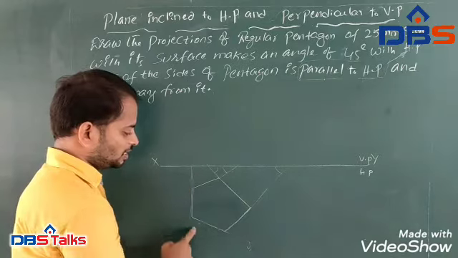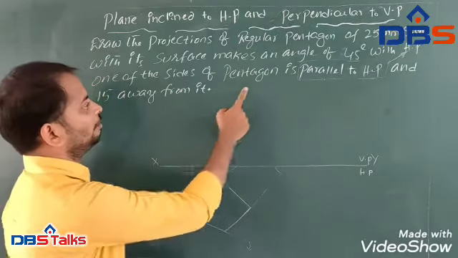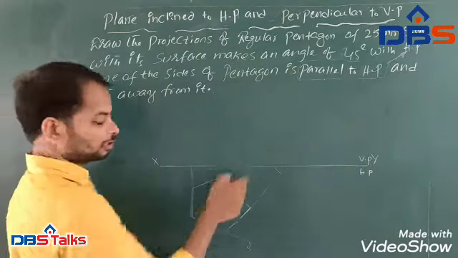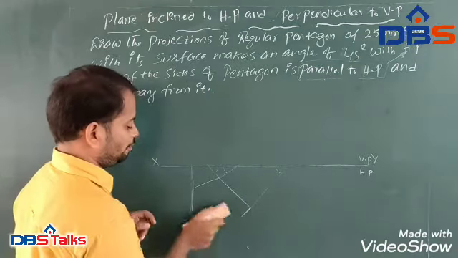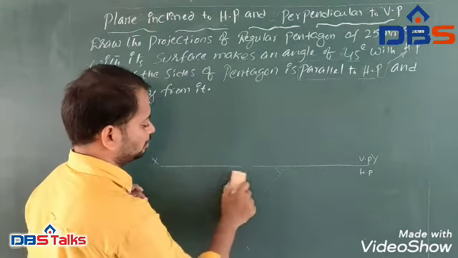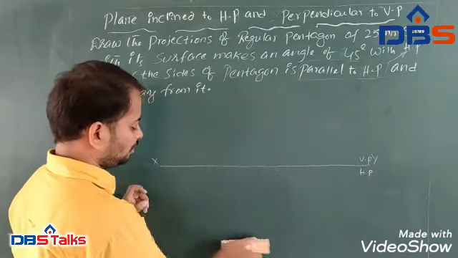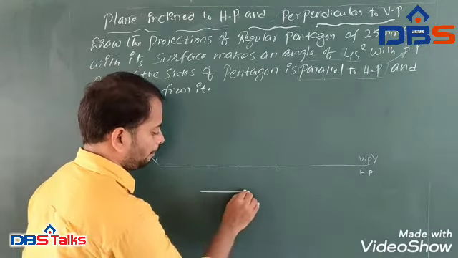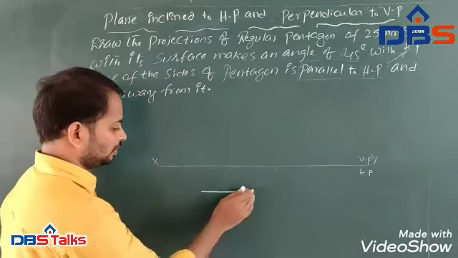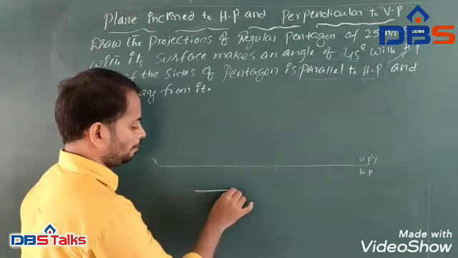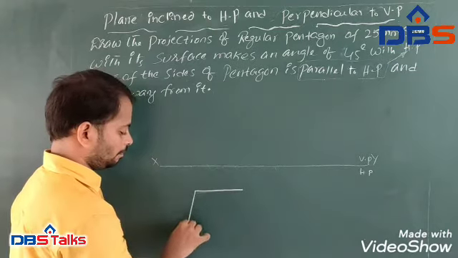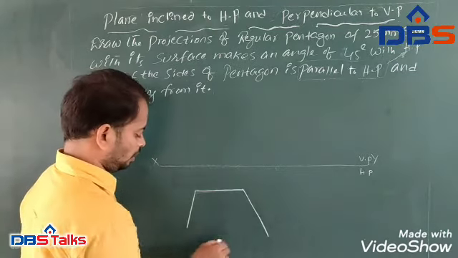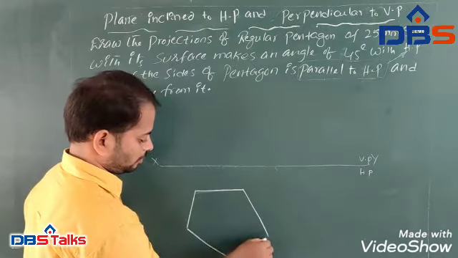Here any one side of the pentagon is parallel to HP. So reconstruct the pentagon, so that this side is parallel. 108, 108.